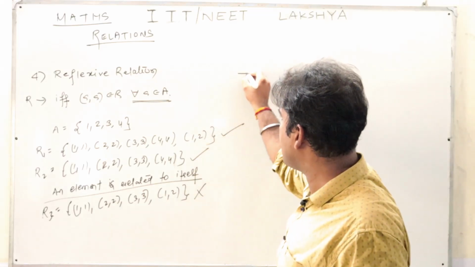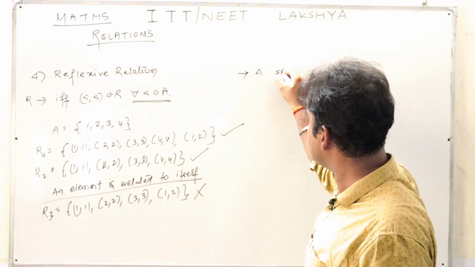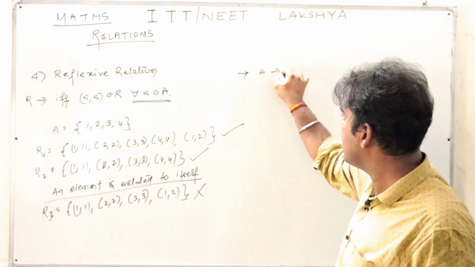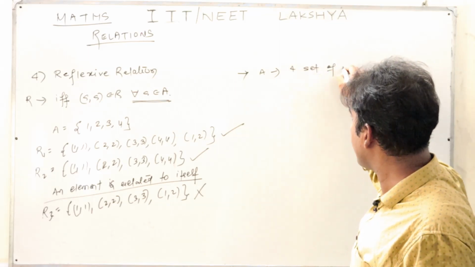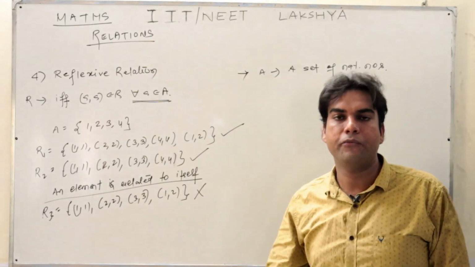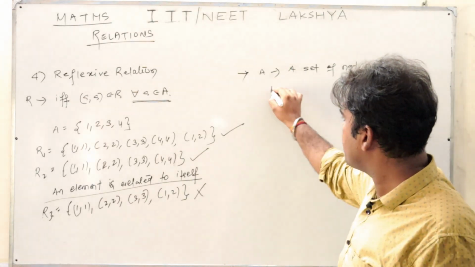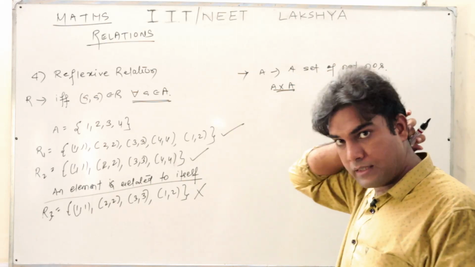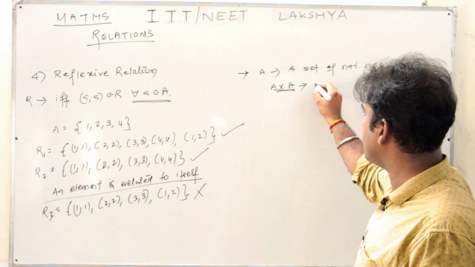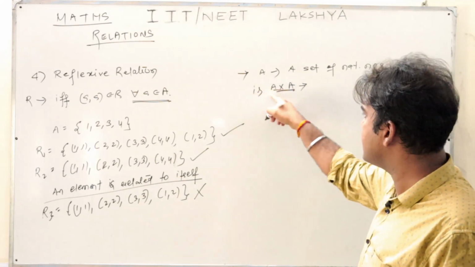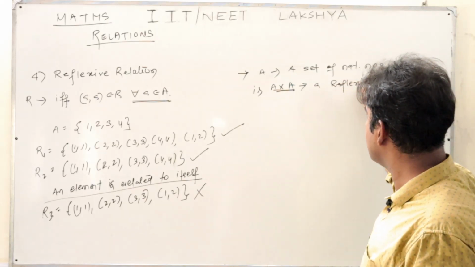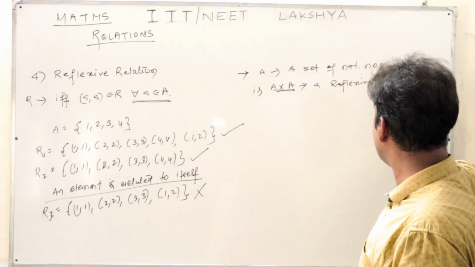For example, suppose I am asking a question: suppose the set A is a set of natural numbers, and you are defining a relation on A to A. So I am asking, is the relation A to A a reflexive relation?